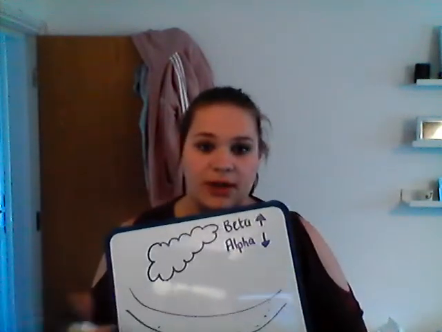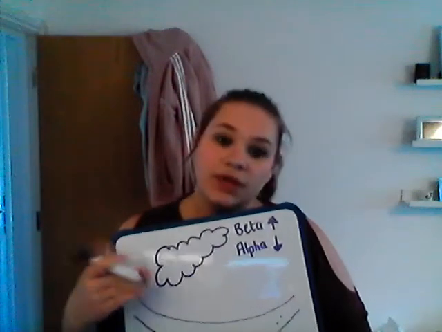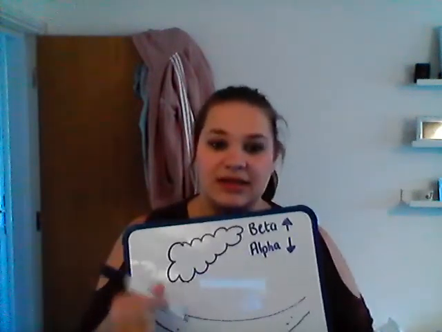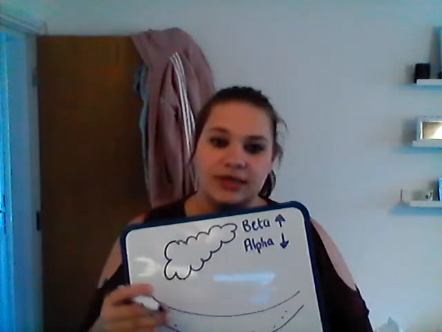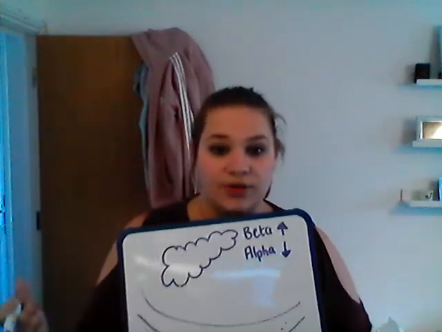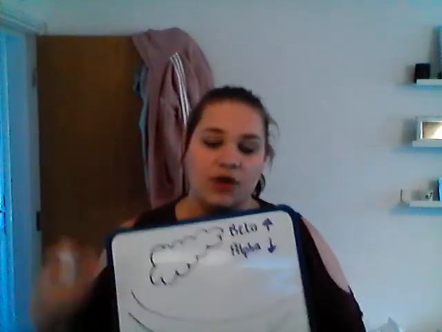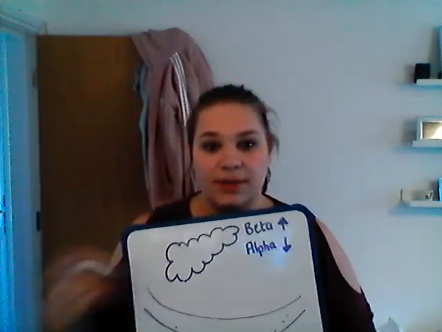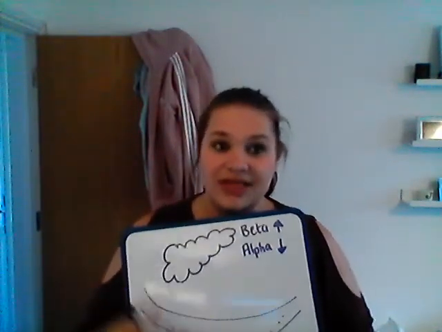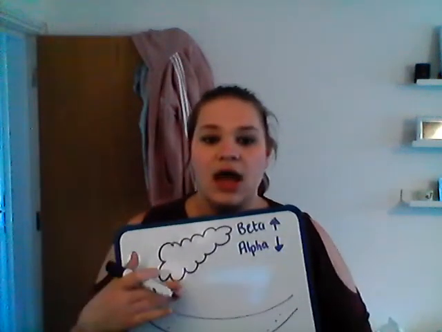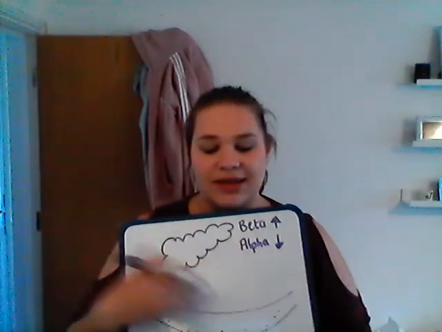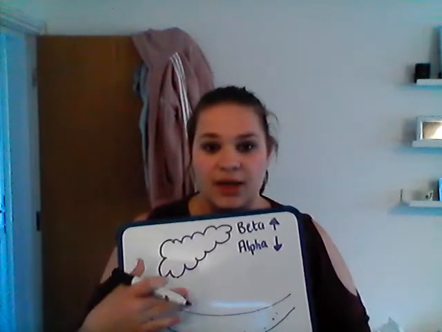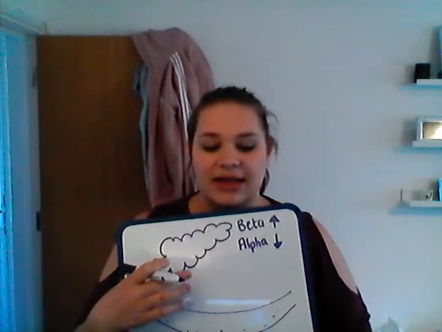With type 2 diabetes, that's a condition where it tends to be in the older generation, tends to be a risk factor over 40, and it's associated with obesity and sedentary lifestyles. And this is where the insulin that is produced is less.